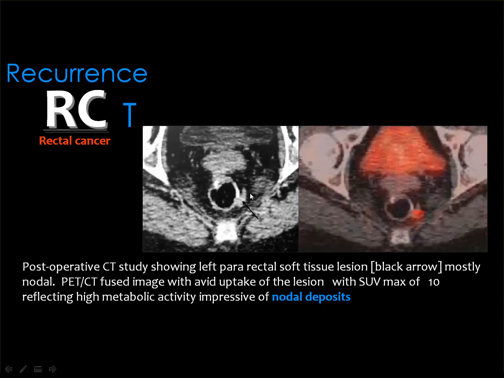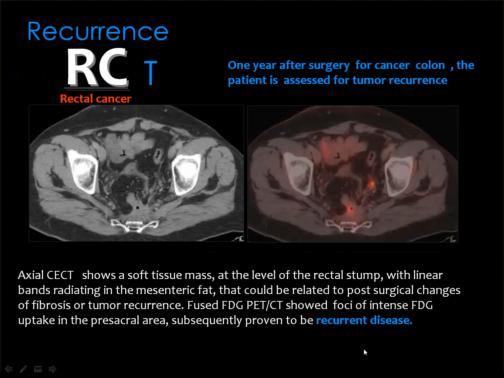And this is also a nodal recurrence in the pararectal lymph node with significant metabolic activity. And this is another example of local tumor recurrence in the presacral area, where you see metabolic activity inside the lesion, and you also detect another metastatic lymph node nearby.